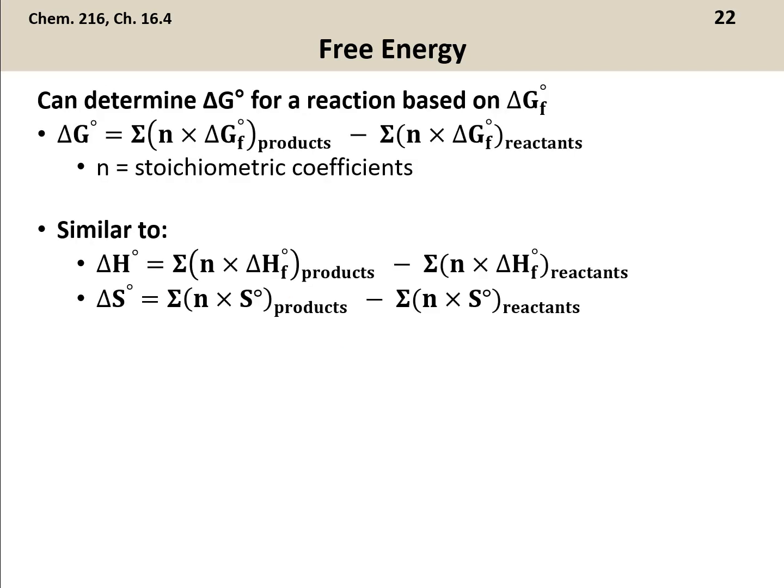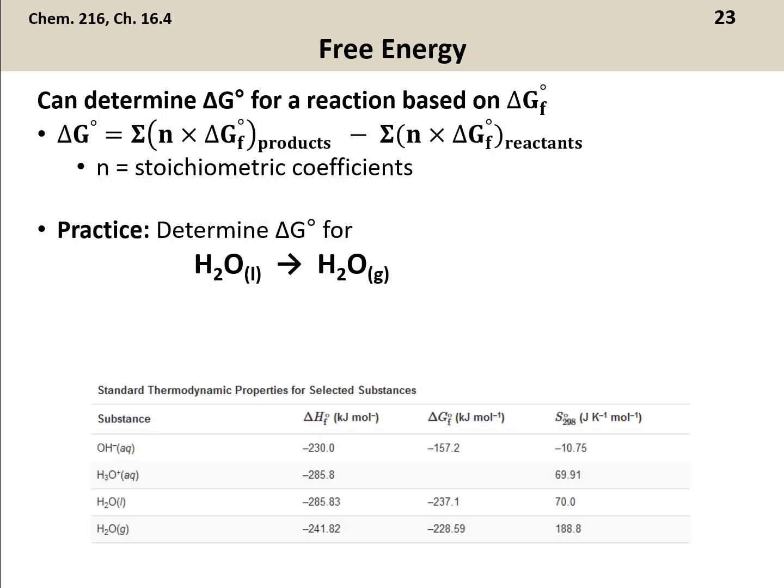And if I know the standard Gibbs free energy of formation, that's delta GF, I can use it to figure out delta G for any reaction in the same way I did for delta H and for delta S, for enthalpy and entropy in the last couple of lessons. All right, so let's see how this works.